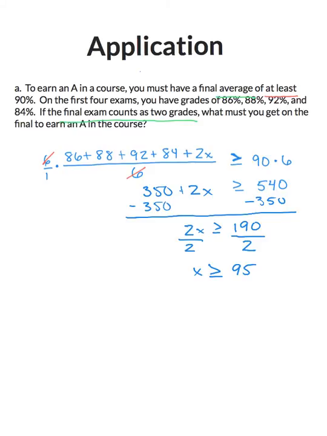Finally, the last thing that we want to do is interpret our answer. In the interpretation, you want to make sure that you include a phrase that implies that we are talking about an inequality. So for instance, you can say, you must earn a 95 or higher.